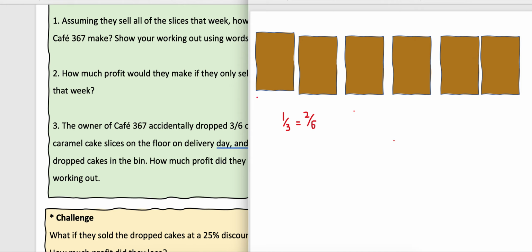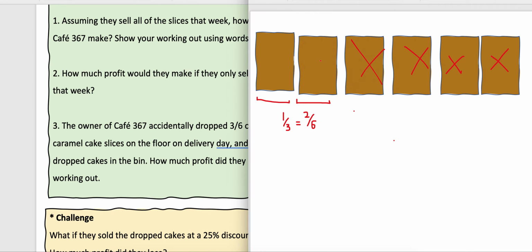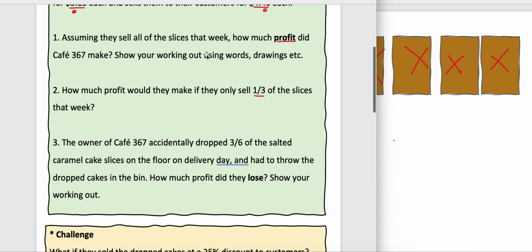So we're saying that we only sold 2 cakes out of 6, which means that we didn't sell 4 of the slices. So now we're trying to find out how much profit they would make if they only sold 2 slices instead of the normal 6. Okay, so you can use your answer from number 1 to help you with this one.